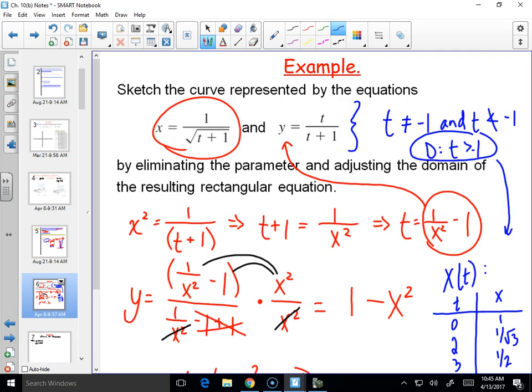Crazy thing is, what if I went ahead and put in negative 8/9? That'd be 1/9. That'd be 1/3. Flip it. That'd be 3. What if I put in negative 15/16? That'd be 1/16, which will end up being 4. Wait a minute. So x's grow the other direction? So x's shrink this direction. X's grow the other direction.